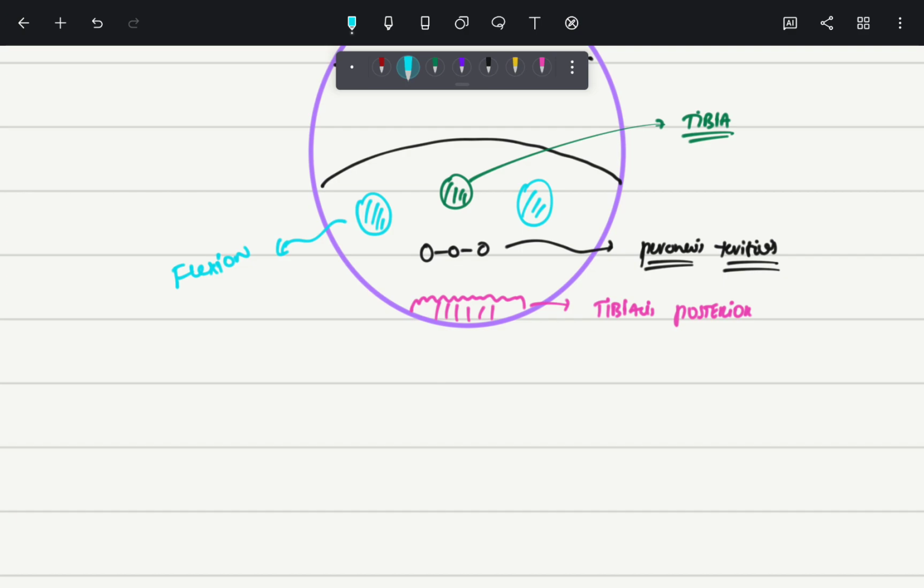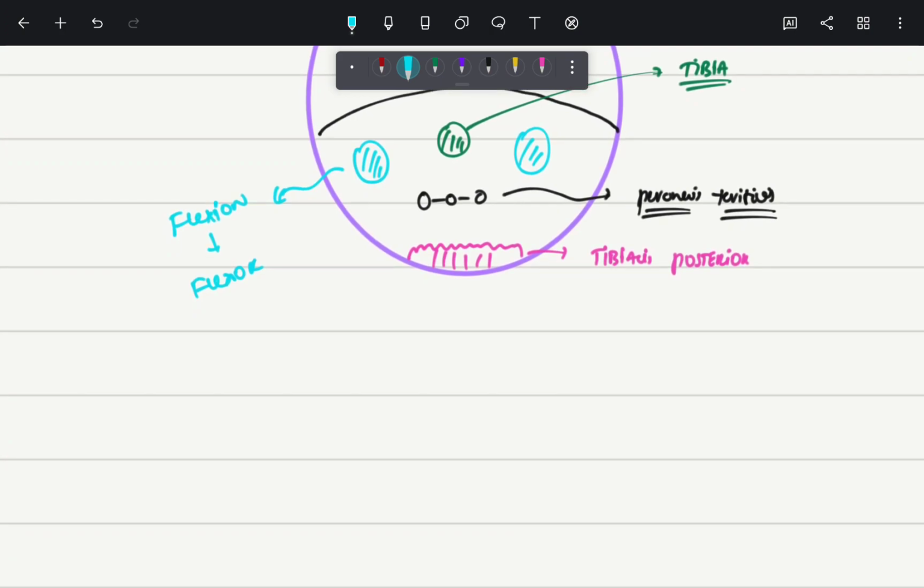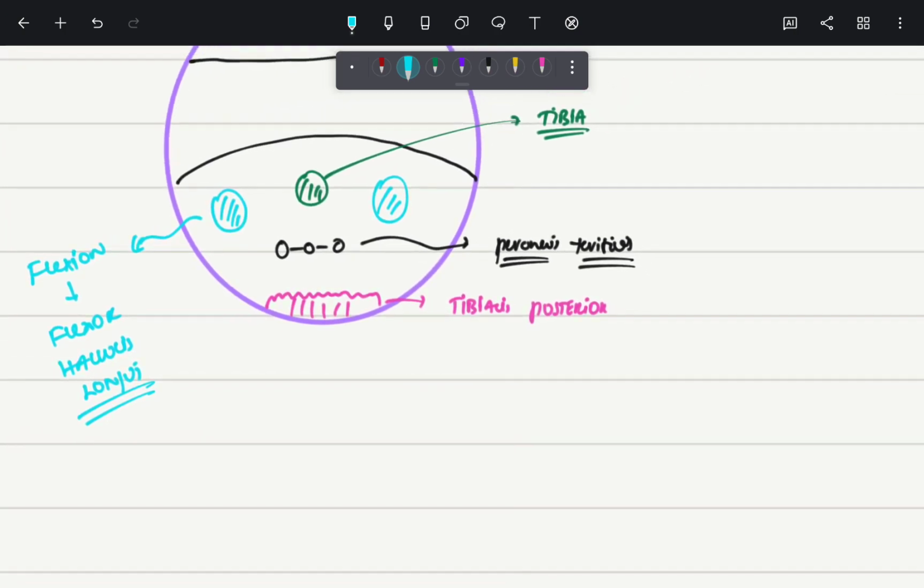Hence this muscle is called flexor. Since it is going to the great toe, it is called flexor hallucis longus. In the anterior compartment it was extensor, here it is flexor. Similarly, there is also flexor digitorum longus, since it is going to the digits.